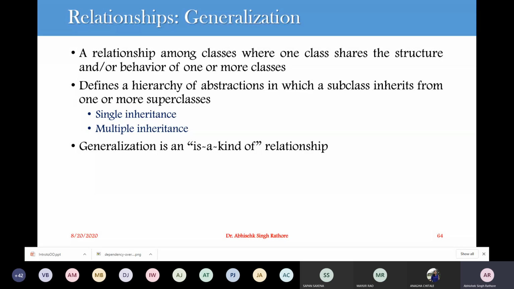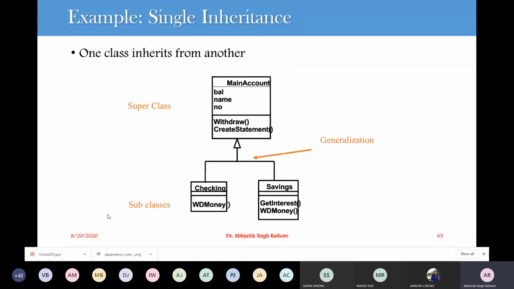Subclasses inherit their properties, behaviors, identities, and so on from the super classes. We can have different types of hierarchies: a single inheritance, while we can also have multiple inheritance here. This is just an easy kind of relationship, and this is an example of simple inheritance.